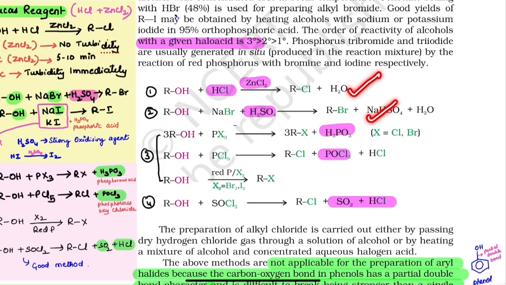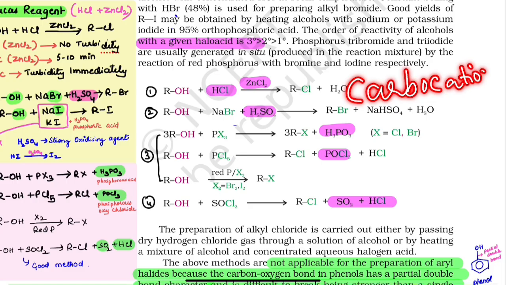The first and second reactions proceed through the SN1 reaction. The SN1 mechanism I have given in detail, so you can go through it if you want. SN1 mechanism means it produces a carbocation.